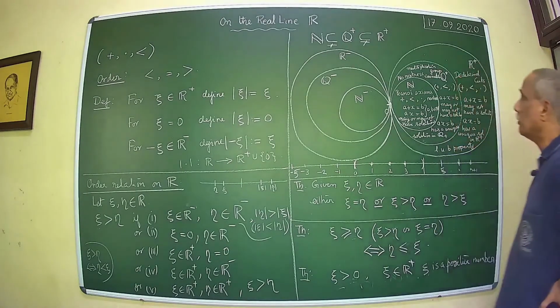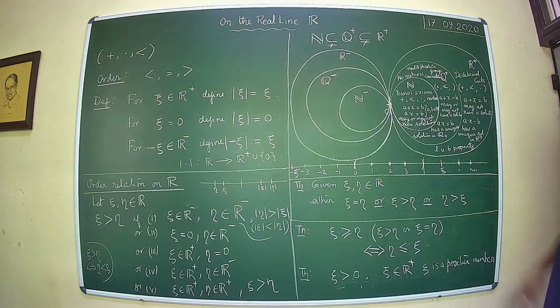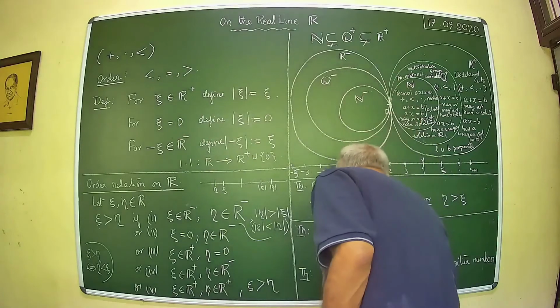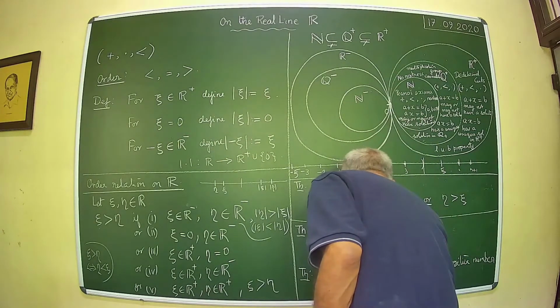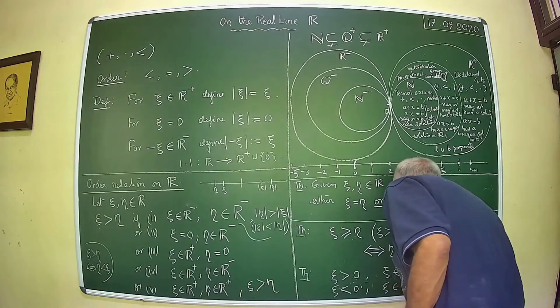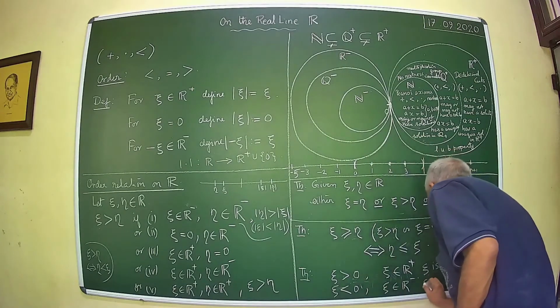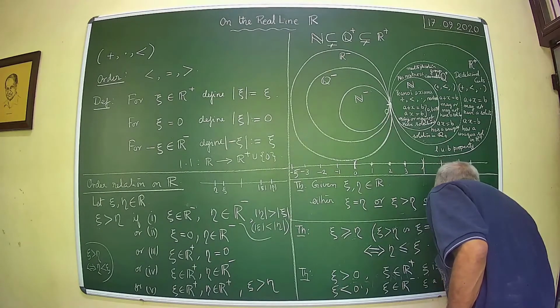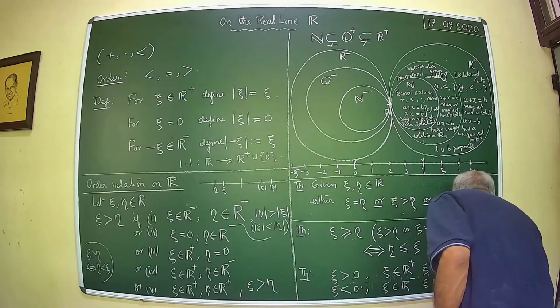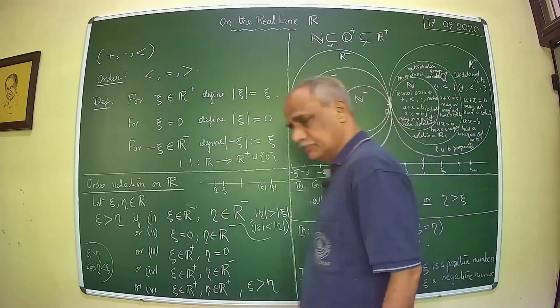Earlier I was talking about R plus. So they are the collection of all positive reals. Similarly, psi less than 0 means psi belongs to R minus, or you call psi a negative number. These are by way of definition, actually.